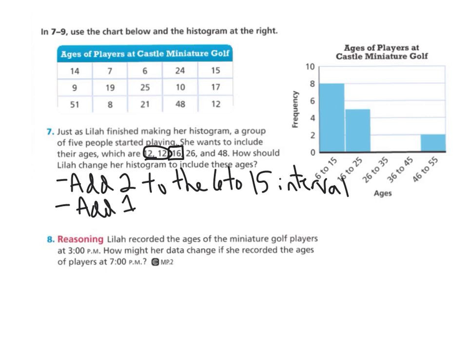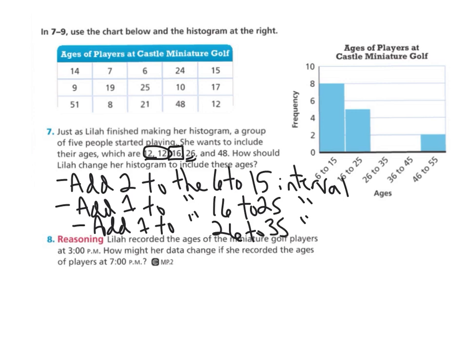So we'll add 1 to the 16 to 25 interval. We have a 26-year-old that would be in the 26 to 35 interval, so we would add 1 to that interval. There's nobody 36 to 45 that's new, but then we do have one that's 48, so we would add 1 to the 46 to 55 interval.